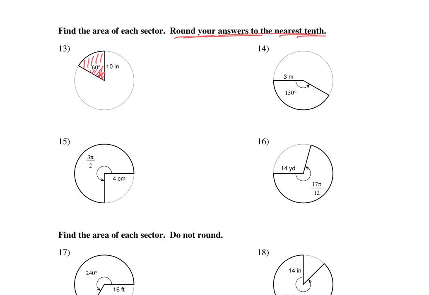So I'm using my degree formula. Gosh, I'm trying to remember that. That was my theta over 360 times pi r squared, because this is the area of my whole circle, and this is the part that is shaded. So remember, we write that as theta times pi over 360 times r squared.